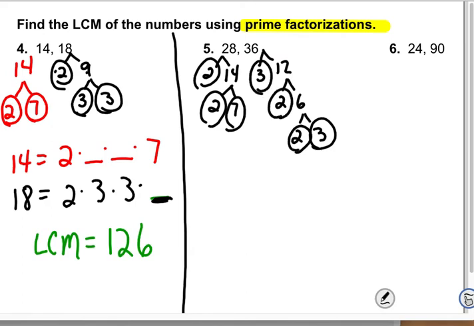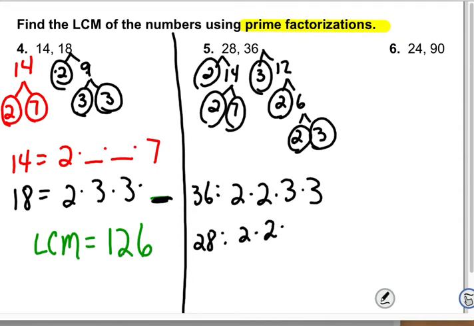Now, 12 is 2 times 2 times 3 times 3. Does everybody agree with that? Well, or 36. Thank you. 36 is 2 times 2 times 3 times 3. Yes. Okay, 28, according to the tree, is 2 times 2 times 7.